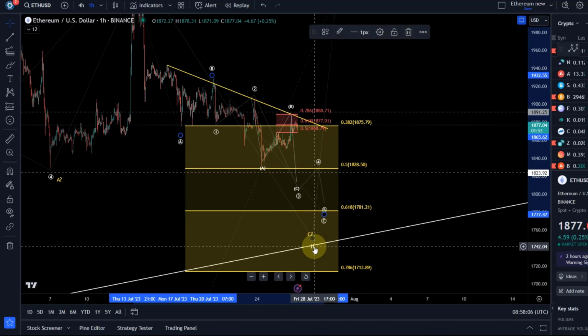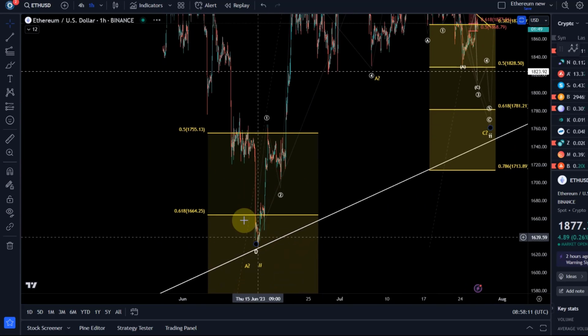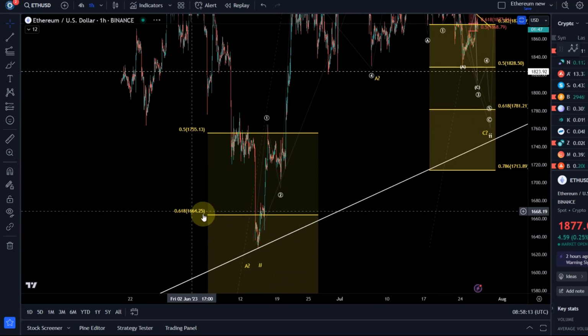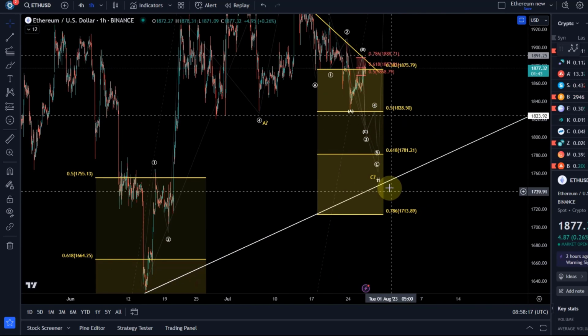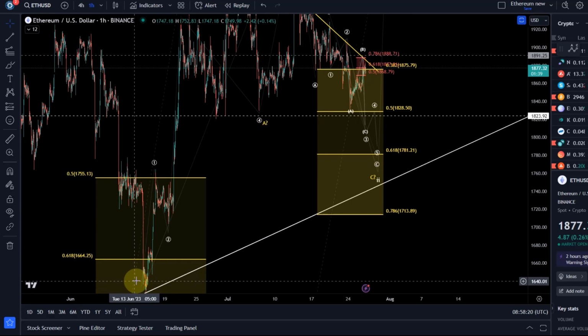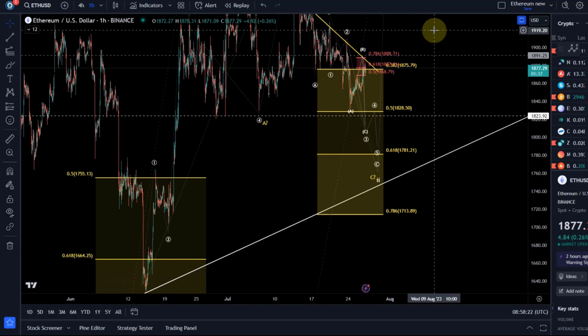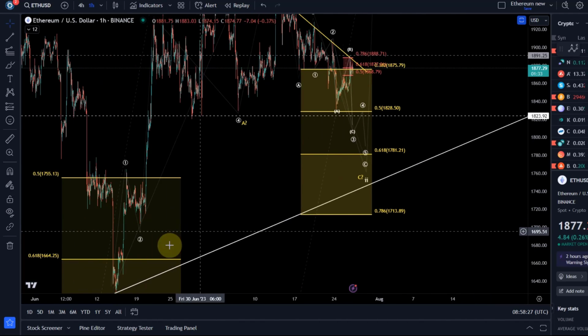I did highlight that now in a few videos. It did that on the 15th of June as well. Here in this area, it came down just below the golden ratio, touched the trend line. Something like that could happen again. It might just do this sort of final capitulation sell-off, touch the trend line and then go. This is of course something we always need to consider, but it might happen very quickly.